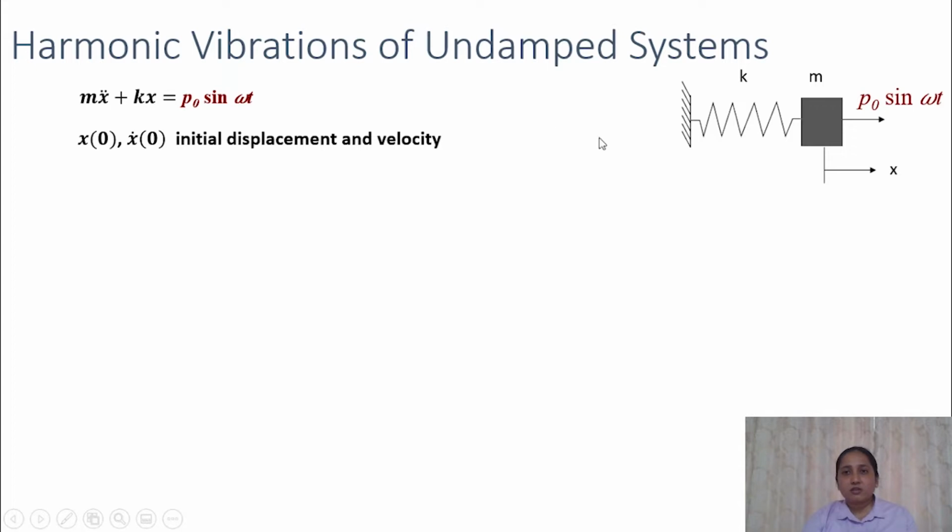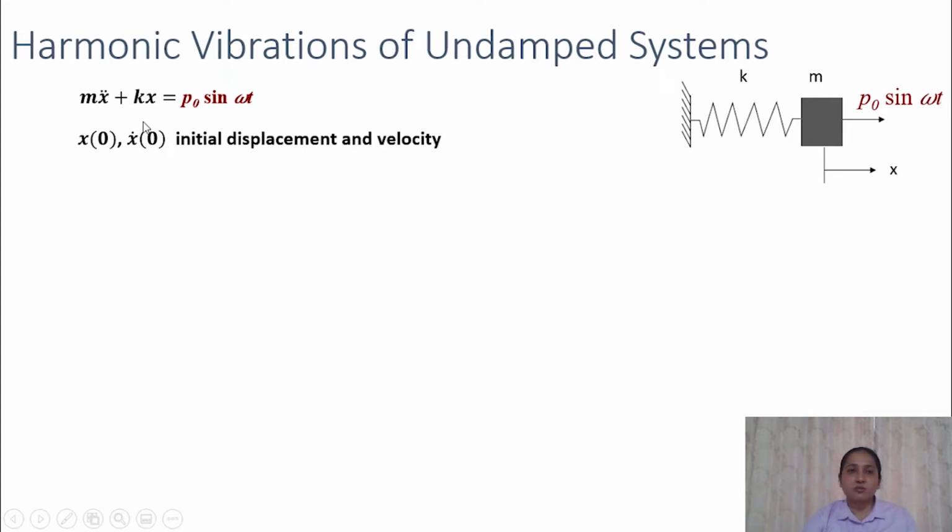So the equation of motion of this system can be written as m x double dot, that is the mass and the acceleration of that mass, plus the stiffness of the system multiplied by its displacement x. And that will be equivalent to the force acting on the system, P naught sine omega t.